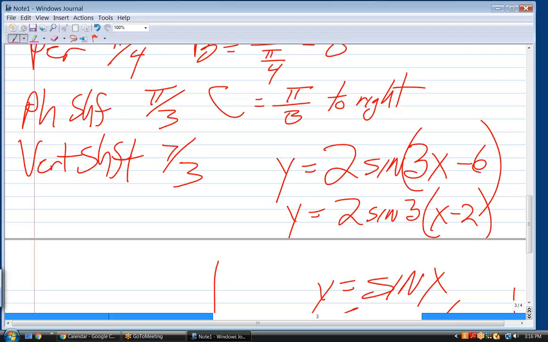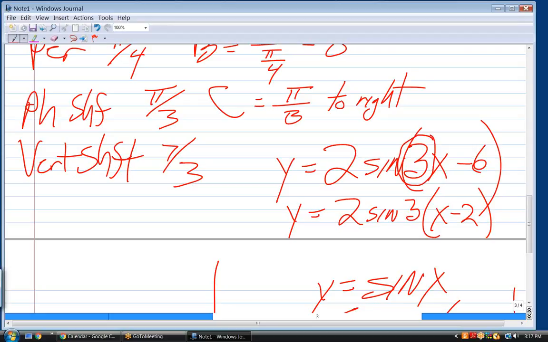Same equation, but completely different. Now b is 3, which it still was here, but the phase shift is 2. It's not 6. So it's very important that if you have a multiplier of your x, you know whether it's inside or outside the parentheses.